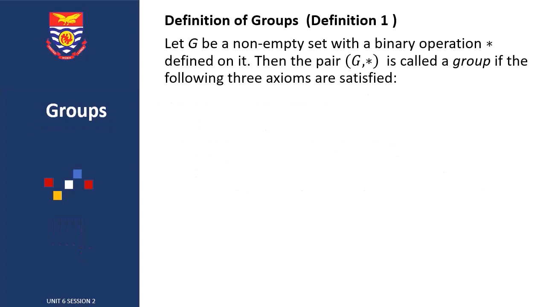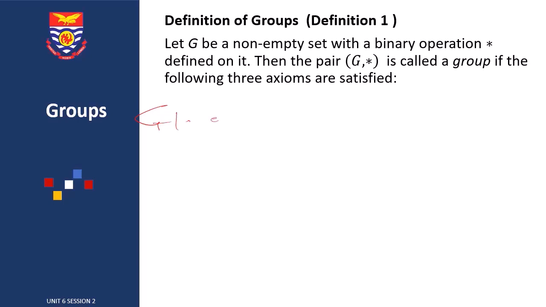We have 2 definitions we are going to look at. First, definition 1. Let G be a non-empty set with a binary operation star defined on it. Then the pair (G, star) is called a group if the following 3 axioms are satisfied. I didn't give the axioms here, so let me give them to you. The first axiom, G1: the star should be associative.